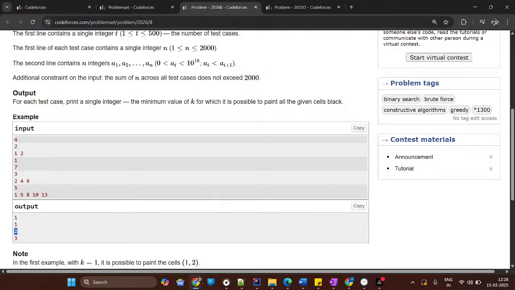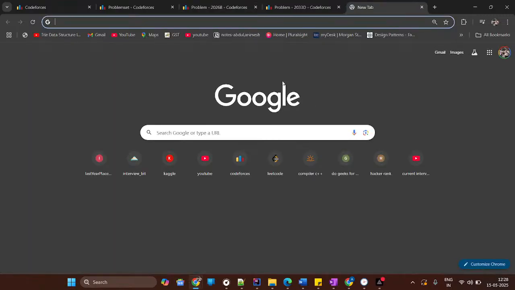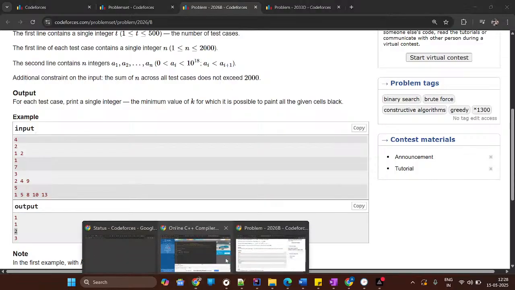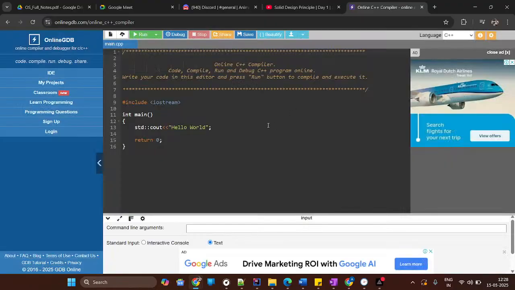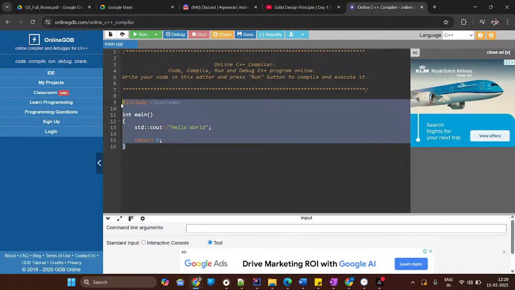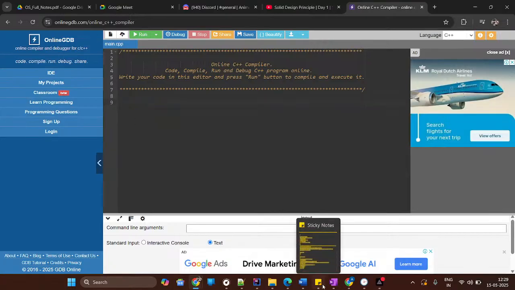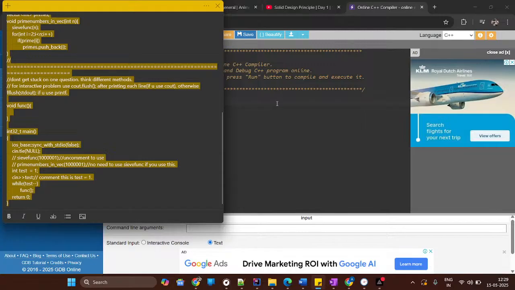So let's write the function directly. I don't think it's super complicated. I can directly write the function. So where's my online editor? Okay. I have a code template already. I will use that. So this is my code template.